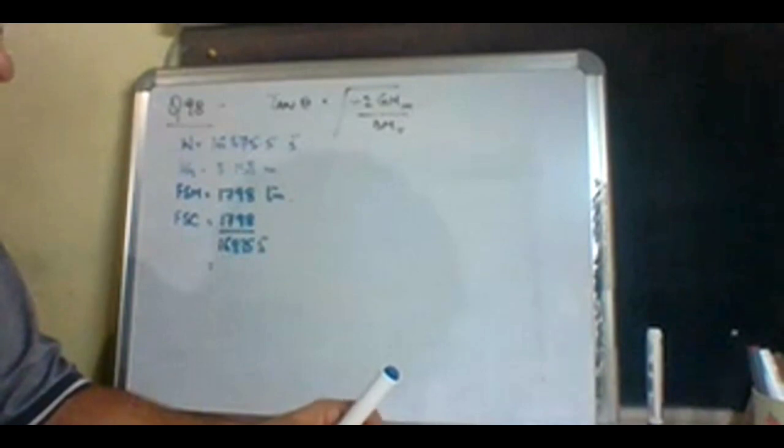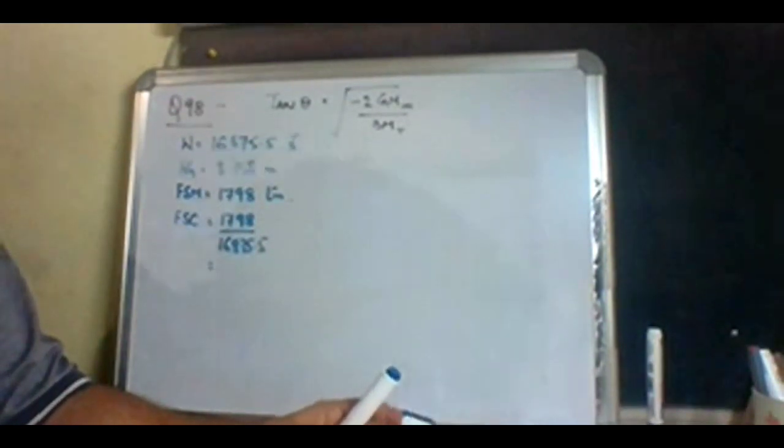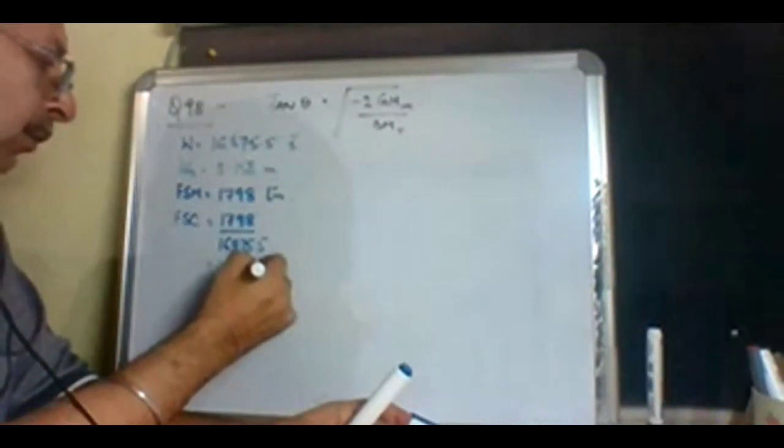How much is it? 0.1065. 0.1065. So मैं 7 ले लेता हूँ, 3 digit. FSC is 0.107.